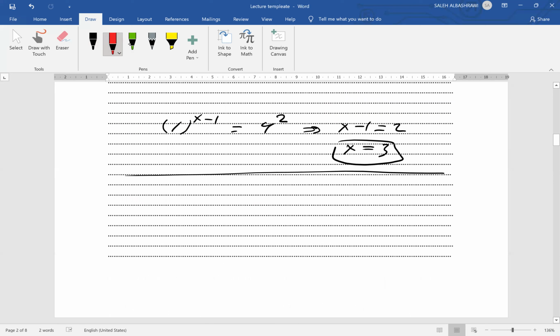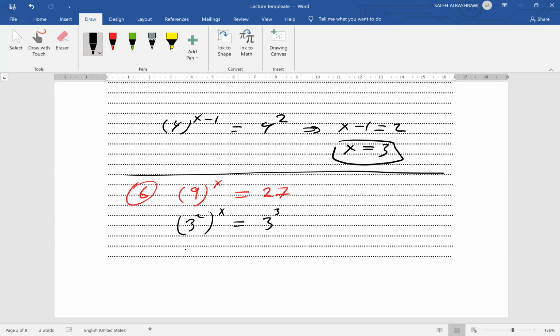Number 5. We have 9 to power x equal to 27. Now 9 to power x equal to 27. Let's find a common base. 9 can be written as 3 to power 2, all to power x. 27 is 3 to power 3.